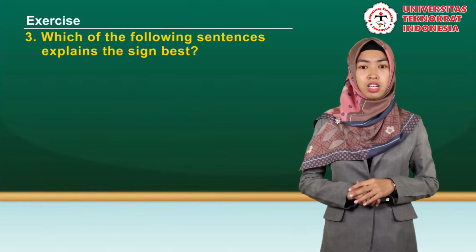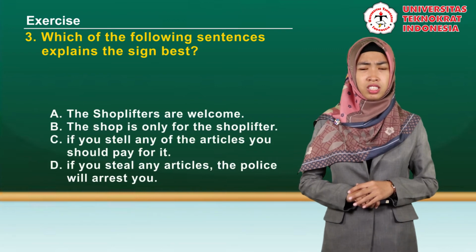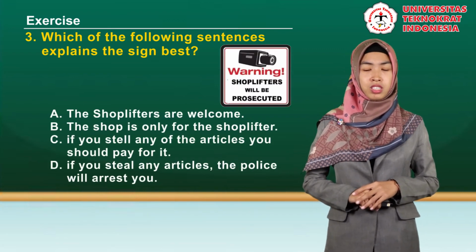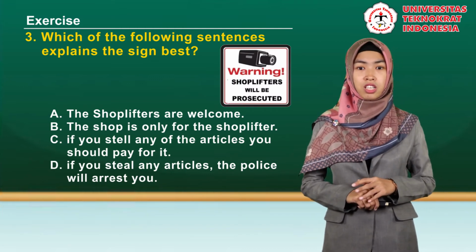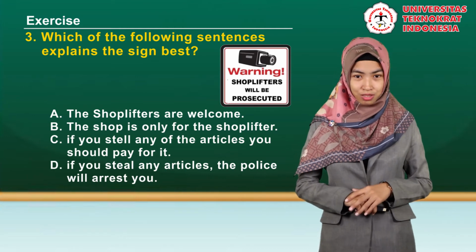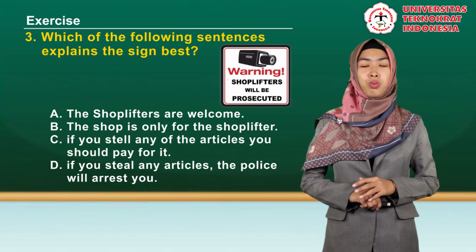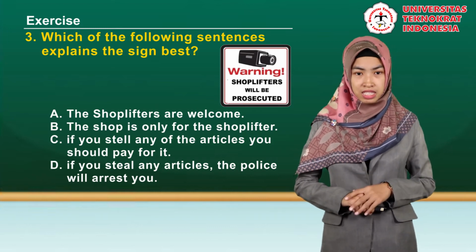It is a notice that is usually found in a shop, with a picture of a camera. It states, warning, shoplifters will be prosecuted. Well, look at the question. Which of the following sentences explains the sign best?